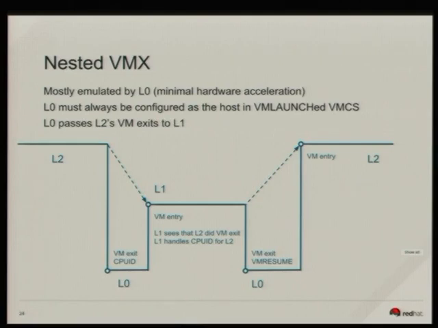So every VM exit that is going to happen must always go to L0. Then L0 will take a look, see that it's an exit from L2, and that L1 is going to handle it. So it VM enters L1, passing the exit information it got into L1. And then when L1 finishes handling the VM exit, it cannot just directly enter back into L2, but must go through L0 again. And this overhead is going to be quite significant when you start adding more levels.